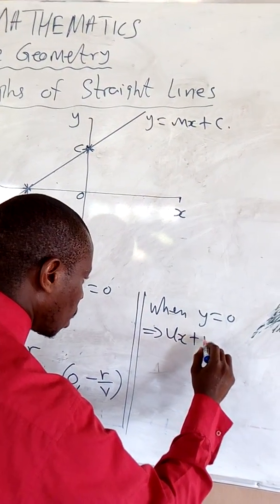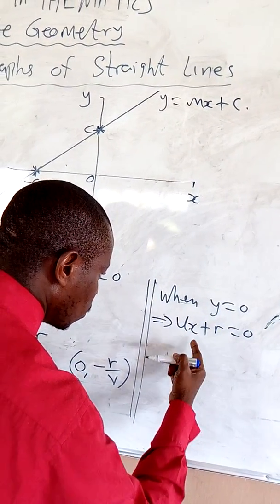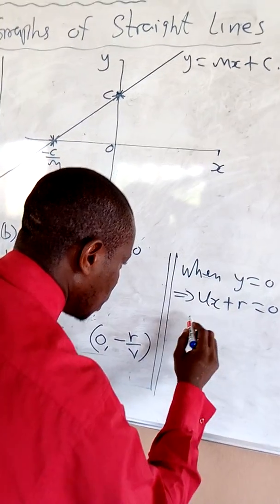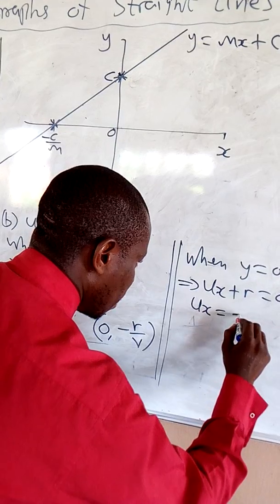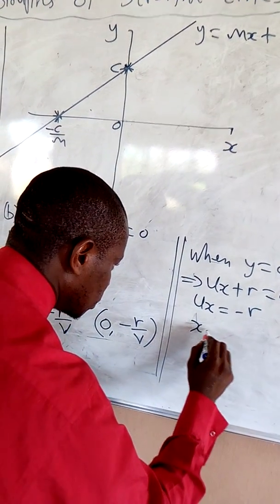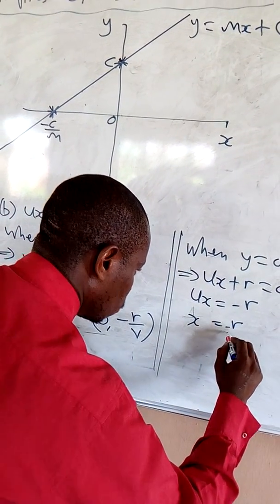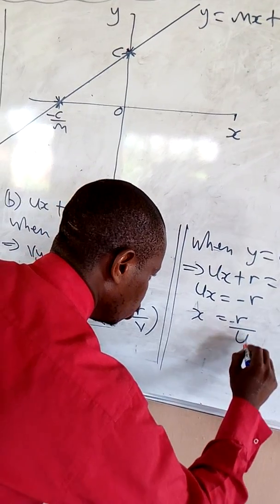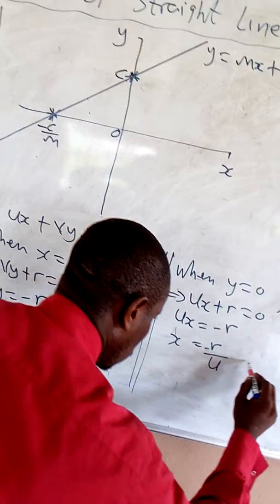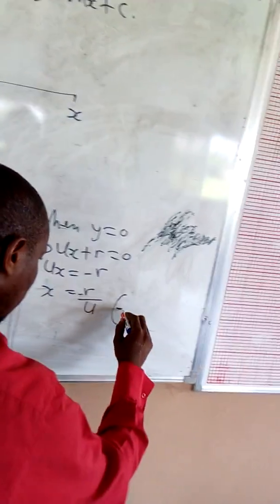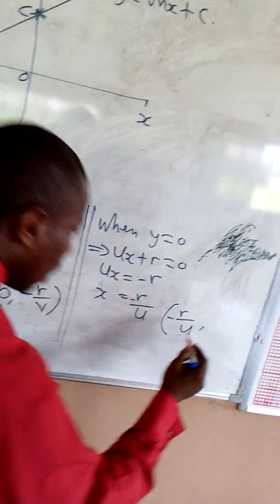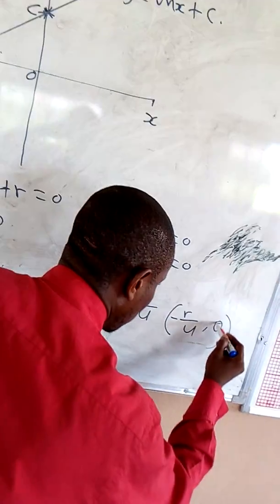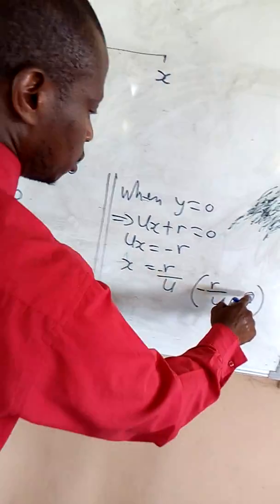Hence, we want to find the corresponding value of x. And hence we have ux equals minus r. Then x becomes minus r over u. And hence the coordinate now becomes minus r over u, comma 0 as our new coordinates.